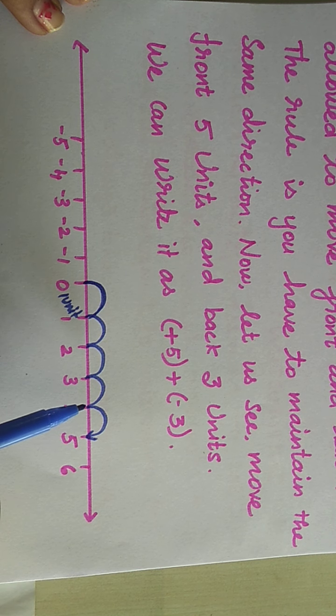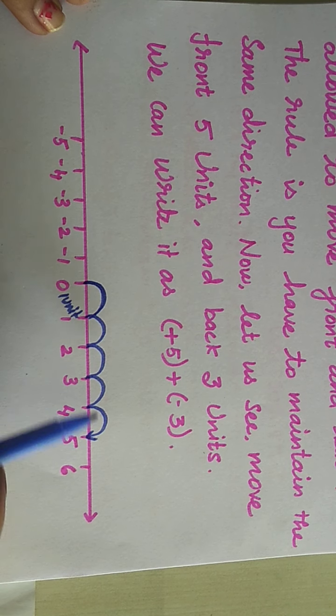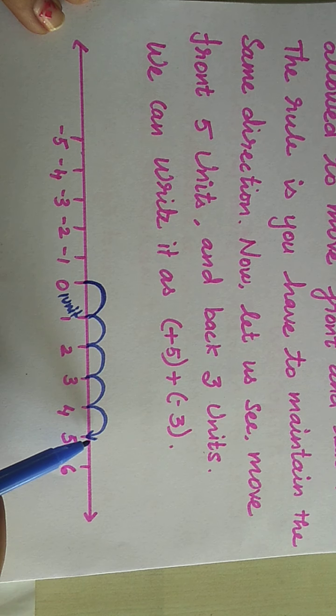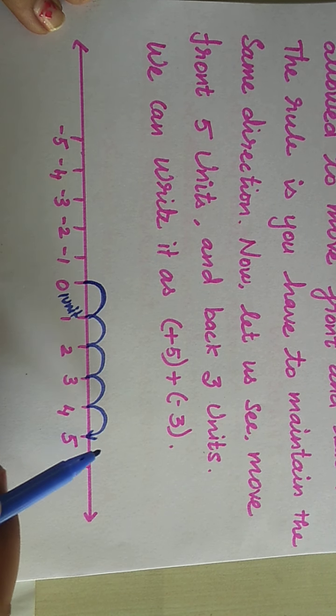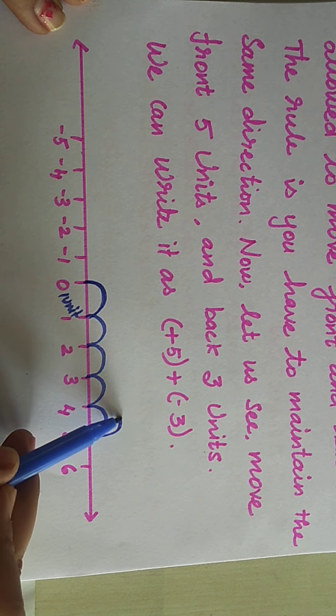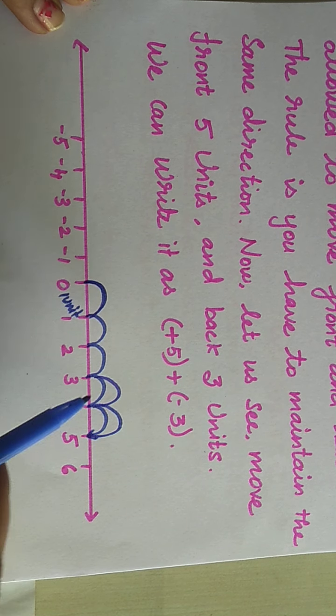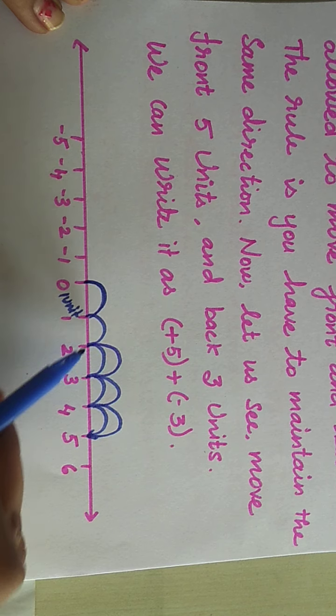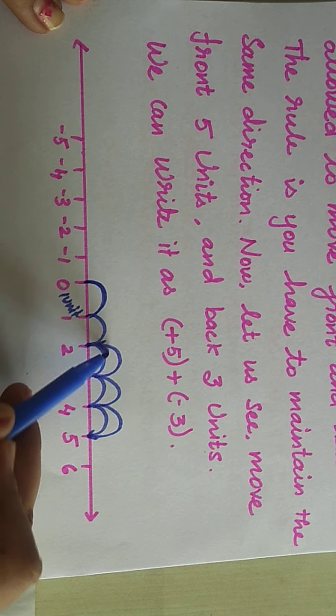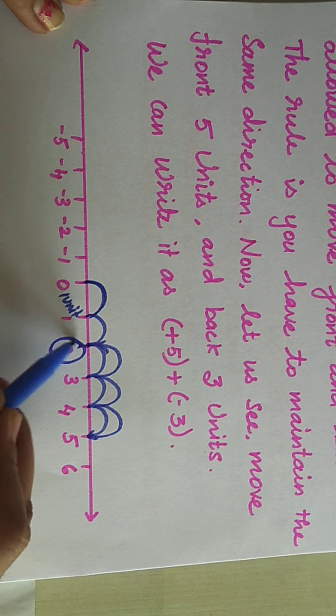Then you are going to move back, that is, back means you have to subtract from the number line. So from 5 you have to go back: 1 unit, 2 units, then 3 units. So you will be here at 2.